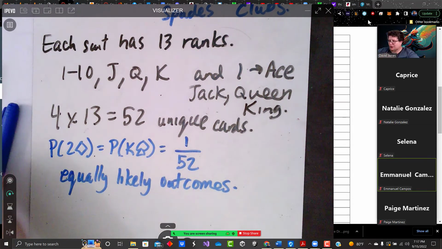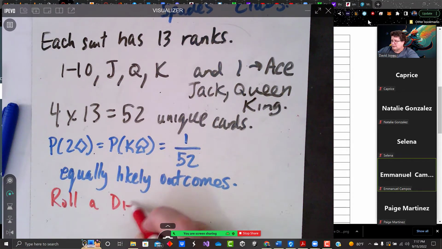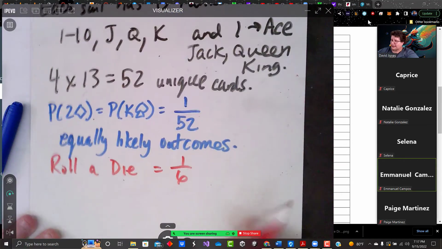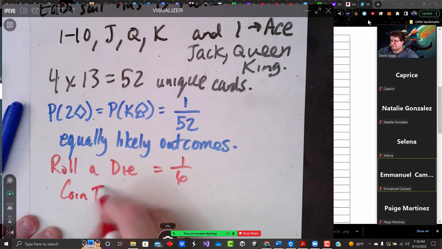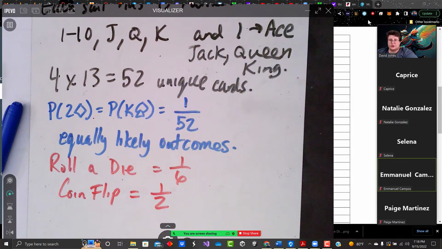For dice, when you're rolling a die, it's 1 over 6. For a coin flip, it's 1 over 2, heads or tails. There's only 2 options and they're equally likely. We're assuming the coin doesn't land on its side.